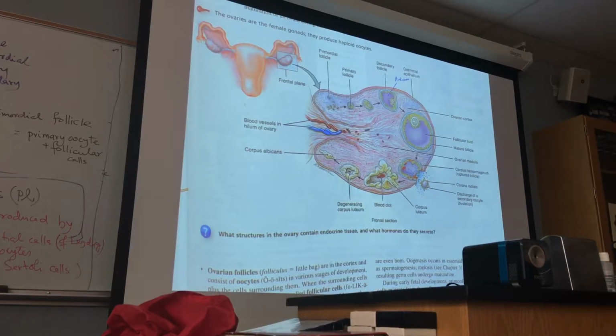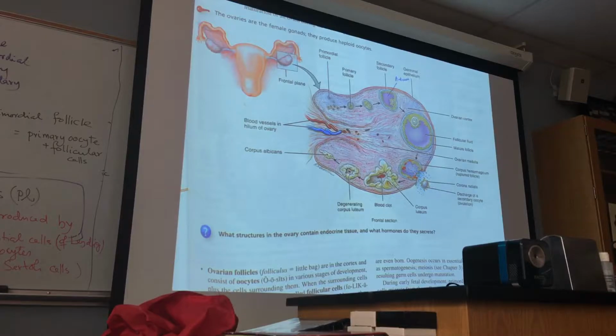The only thing considered ovulation is when the cell is discharged. This is going through maturation, the ovarian follicles undergoing maturation. The ultimate purpose of the ovary is to provide a female sex cell, a female gamete.